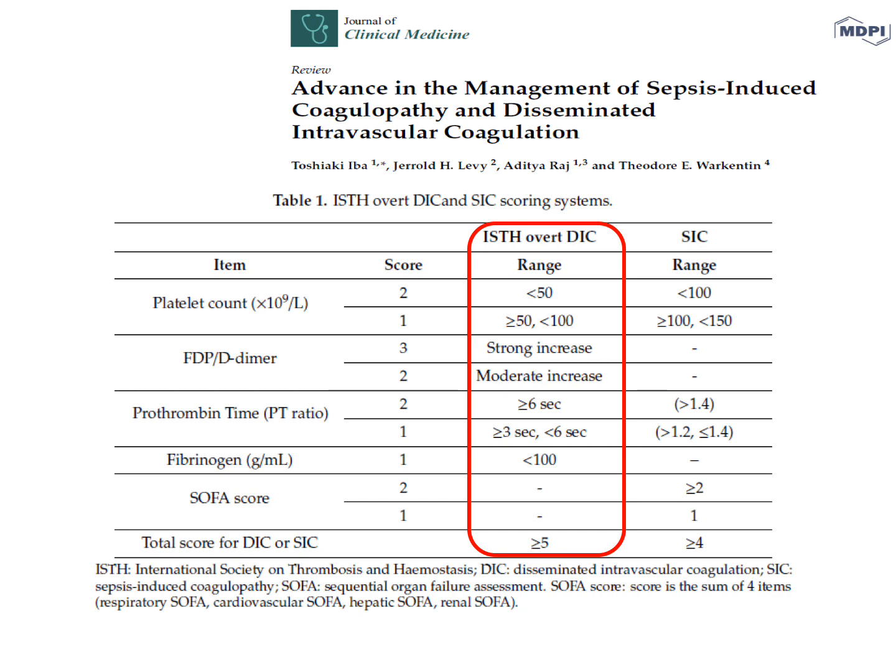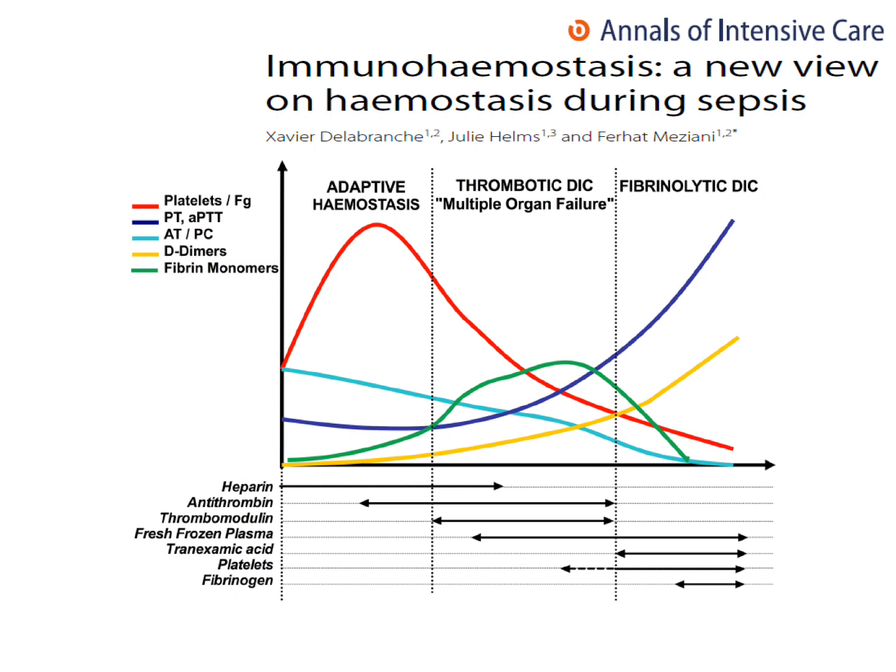There is also what is called the sepsis-induced coagulopathy, which is another score which we can apply. But more importantly, we should look at DIC and sepsis-induced coagulopathy in a dynamic way, because patients in sepsis start to have some adaptive hemostasis, and then they have a DIC, most probably thrombotic, leading to consumptive coagulopathy, and then they go into a fibrinolytic DIC.